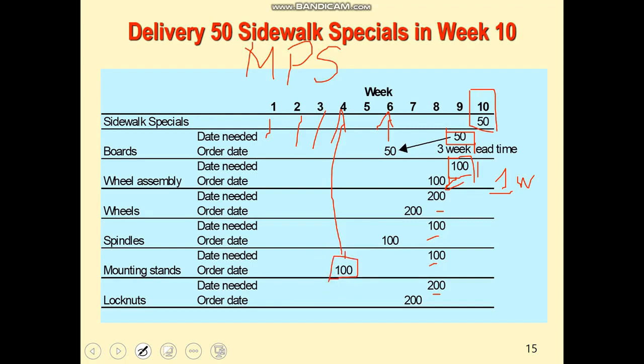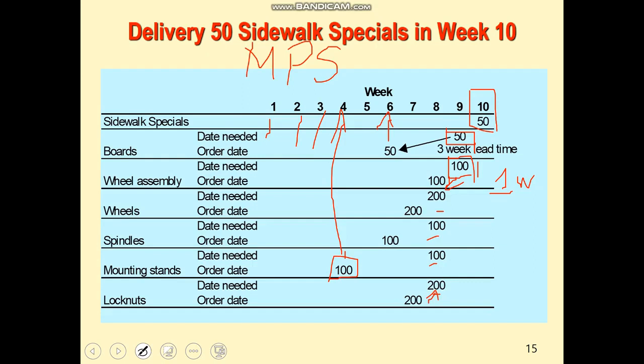In week 5 we don't need to do anything. In week 6 we need to order 100 spindles and 50 boards. And in week 7 we have to order 200 lock nuts and 200 wheels. In week 8 we don't need to order.